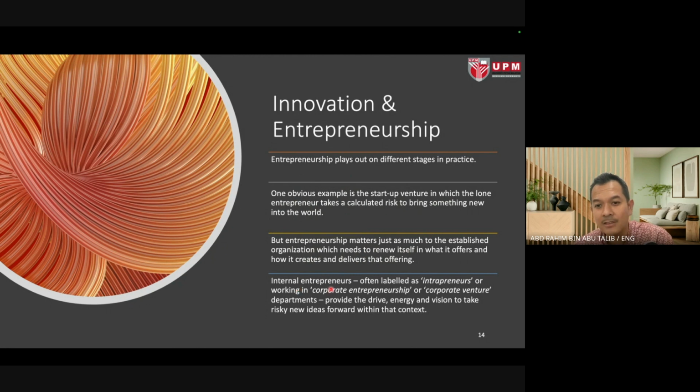So internal entrepreneurs, right? Normally in a company you have internal entrepreneurs. These are people working inside, often labeled as intrapreneurs or working in corporate entrepreneurship or corporate ventures departments. They provide the drive, the energy and vision to take these new ideas forward within that context.